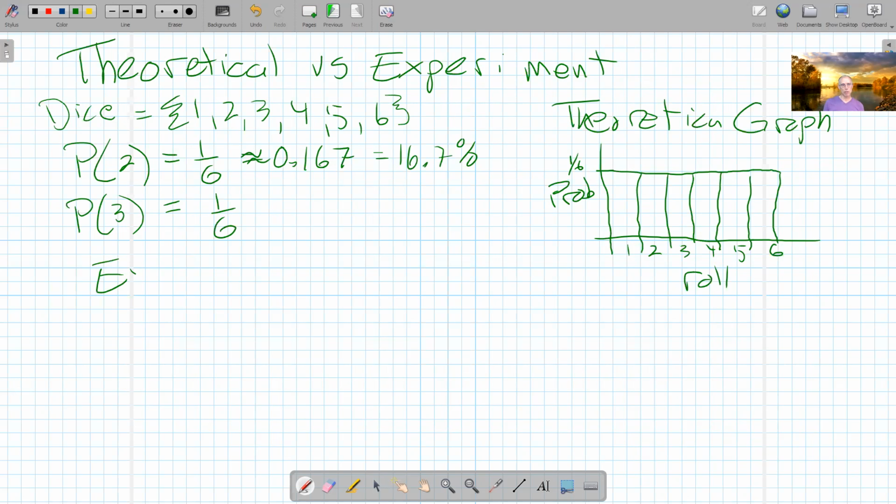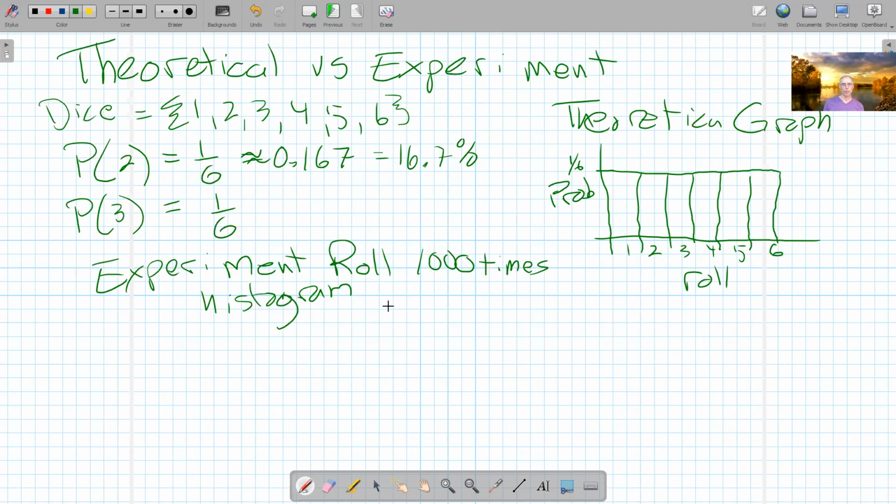However, if I experiment and I roll like 1,000 times, and I make a histogram, let's see, what's 1/6 of 1,000? That would be like 167-ish?